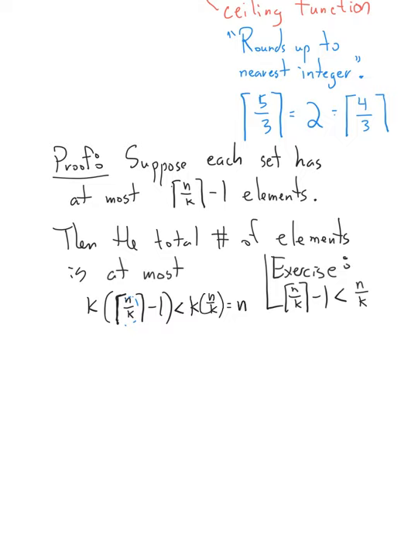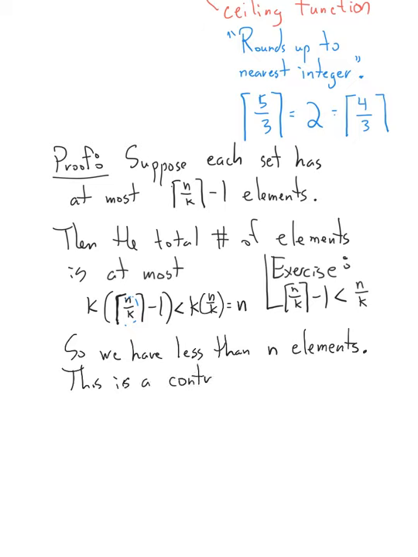So what does that mean? We have less than n elements. And this is a contradiction because we want to have exactly n elements. So the theorem is true.